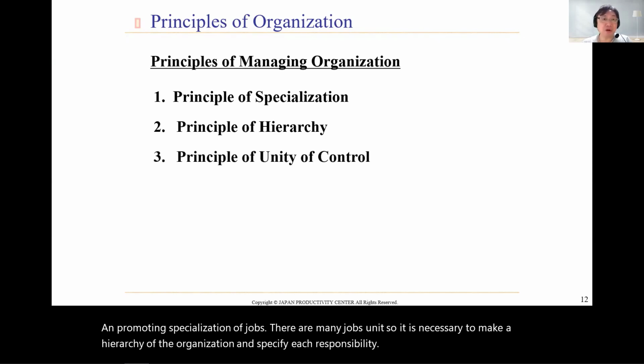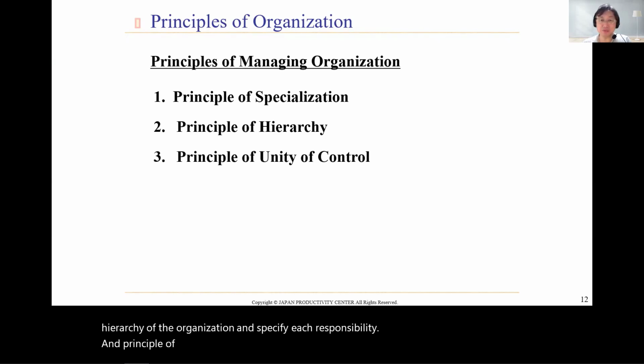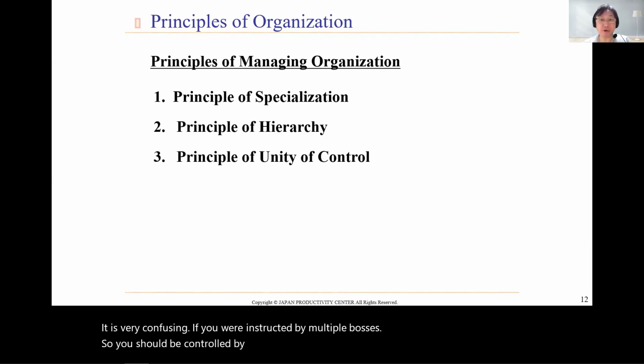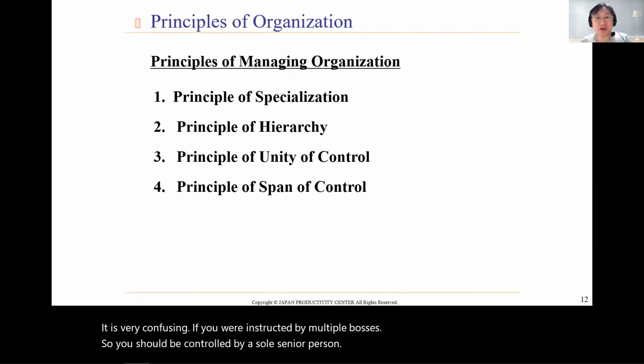And principle of unity of control. It is very confusing if you are instructed by multiple bosses. So you should be controlled by a sole senior person. Number 4, span of control.